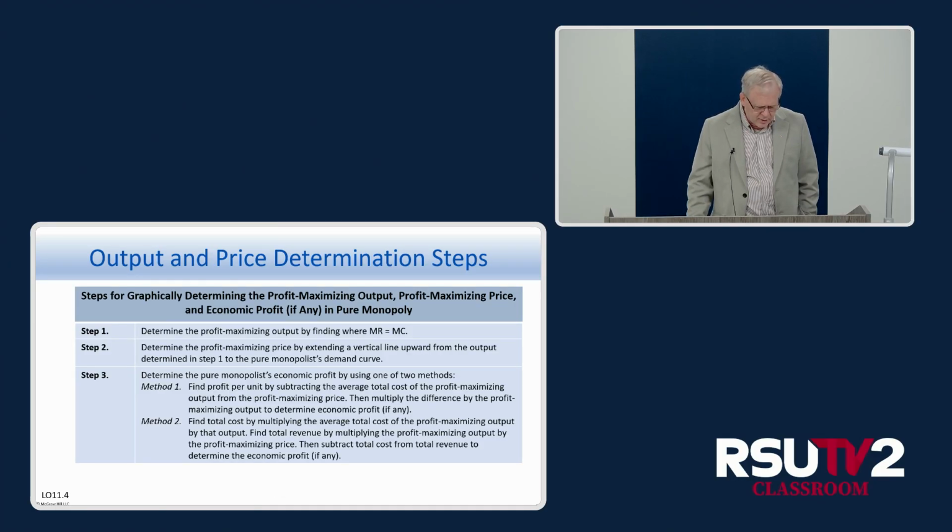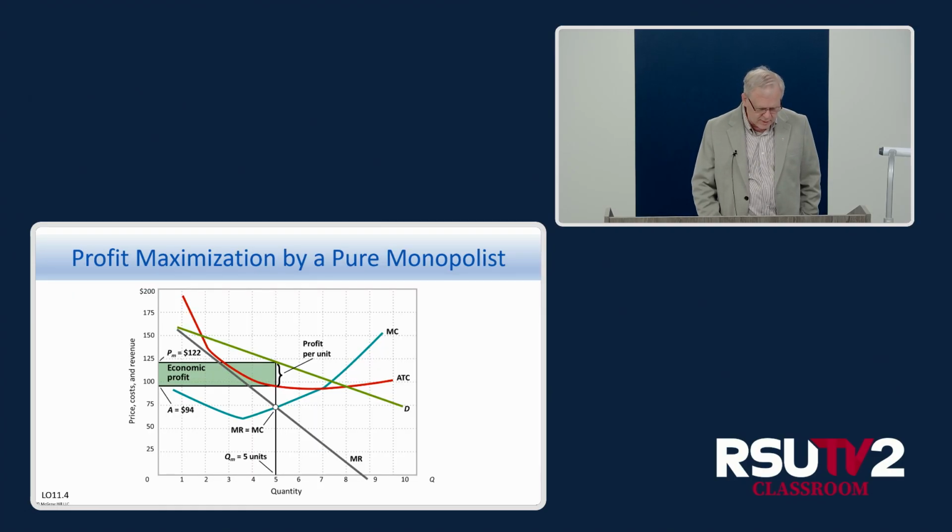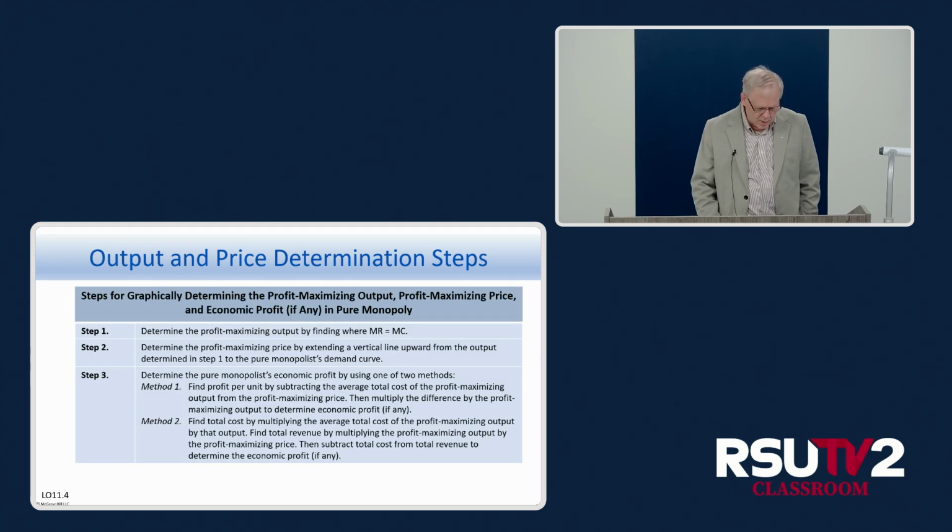Step 3, you can determine the pure monopolist economic profit by using one of the 2 methods. Essentially what we're going to do here is find the area of this green rectangle. So they give you these 2 methods. Find the profit per unit by subtracting the average total cost of the profit maximizing output from the profit maximizing price, then multiply the difference by the profit maximizing output to determine the economic profit.